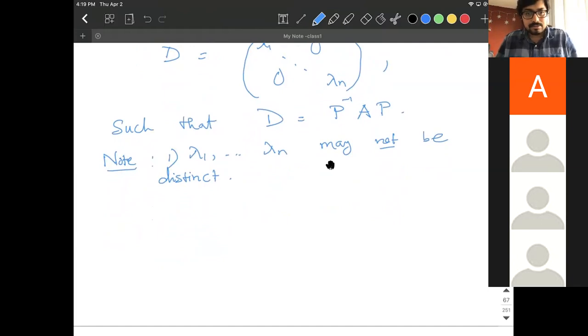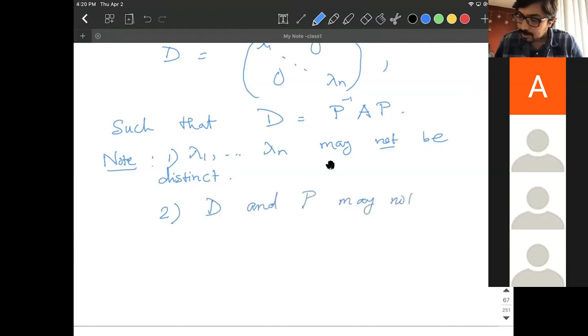And another observation, number 2, is that this D and P may not be unique.